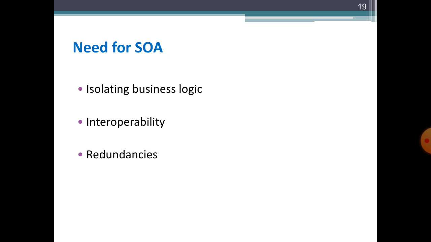So students, हमें सर्विस ओरिएंटेड आर्किटेक्चर की ज़रूरत क्यों पड़ी? क्योंकि हमें अपना जो बिज़नेस लॉजिक है उसको आइसोलेट करना है. बिकॉज द रीज़न इज़ जो बिगेस्ट प्रॉब्लम है प्रोग्रामिंग के अंदर जो हमें अक्सर फेस करने में आती है, इट इज़ वेरी डिफ़िकल्ट कि जो हमारा बिज़नेस लॉजिक है उसको हम सो कॉल्ड कंप्यूटर लॉजिक से सेपरेट कर सकें. सो इसीलिए हमें सर्विस ओरिएंटेड आर्किटेक्चर की ज़रूरत पड़ी, क्योंकि हमें अपने बिज़नेस लॉजिक को कंप्यूटर लॉजिक से सेपरेट करने की ज़रूरत है. So that's why we need a service oriented architecture.